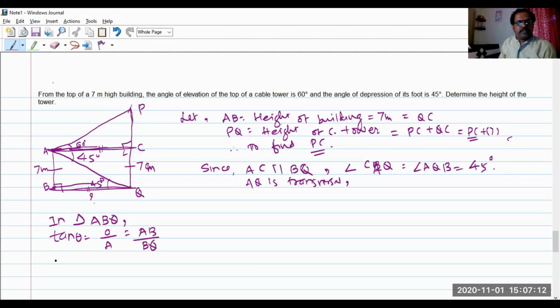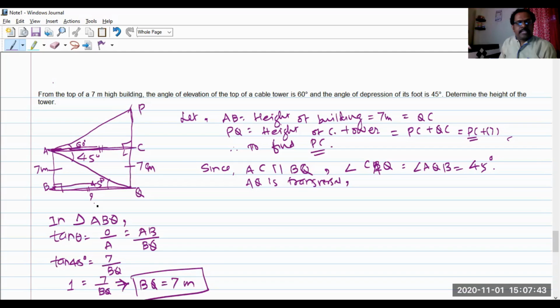Theta given is 45, so tan 45 degrees equals AB by BQ, where AB is 7 and BQ we need to find. How much is tan 45? It is equal to 1. So it is 7 upon BQ, which on cross multiplication gives BQ equal to 7 meters.